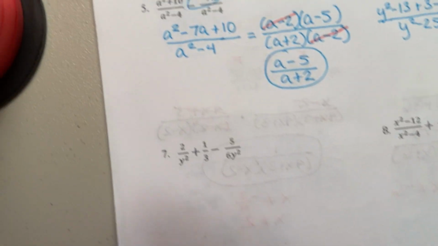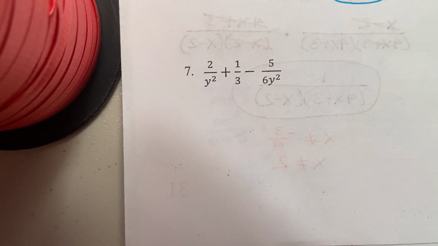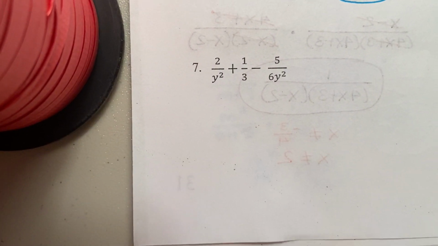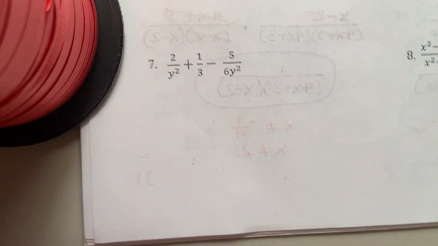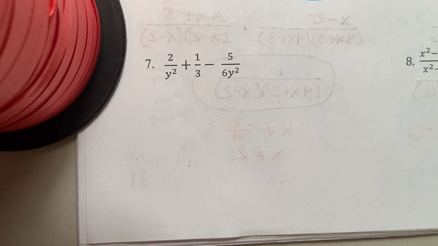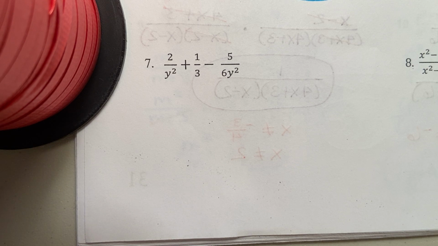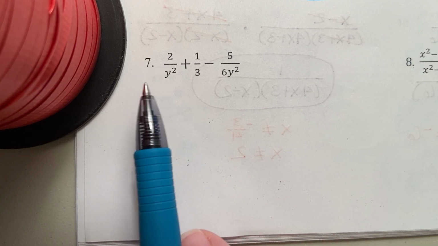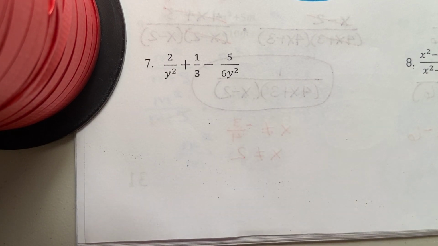All right, so that brings us to number 7 on page 32, and you'll notice that we do not have a common denominator. Okay, so if I follow the steps, it says to factor the denominators if possible. Well, none of these denominators can be factored. All right, y squared, 3, and 6y squared.